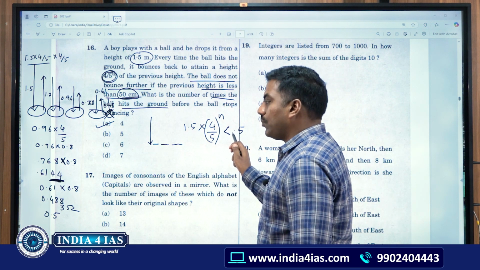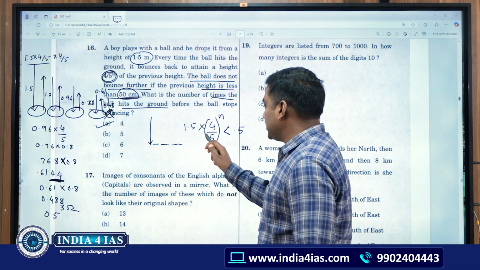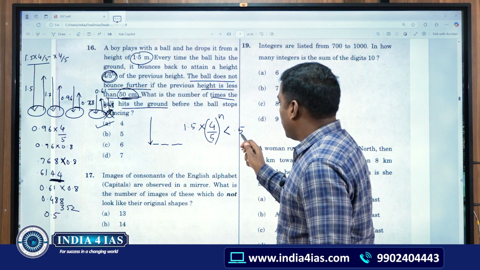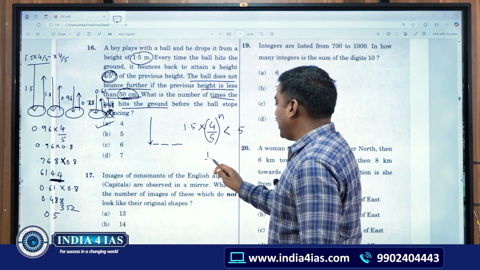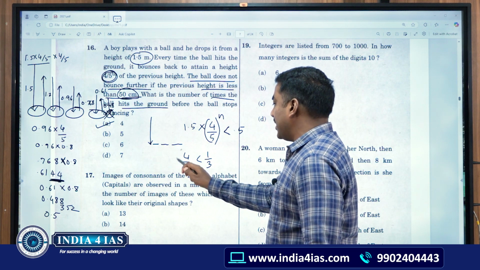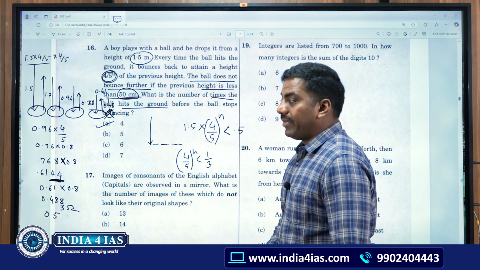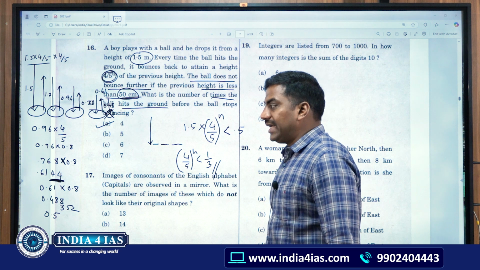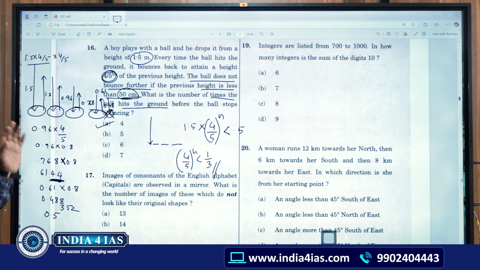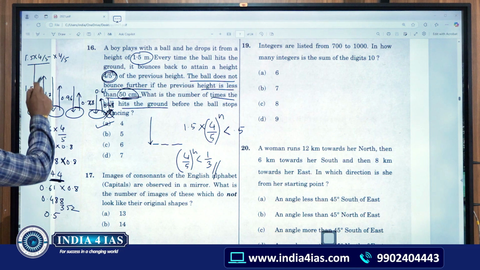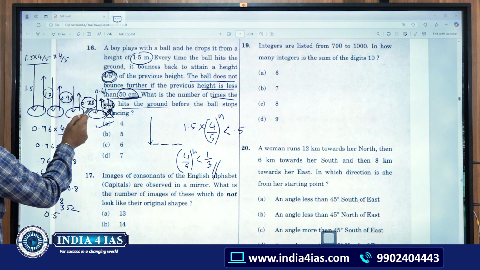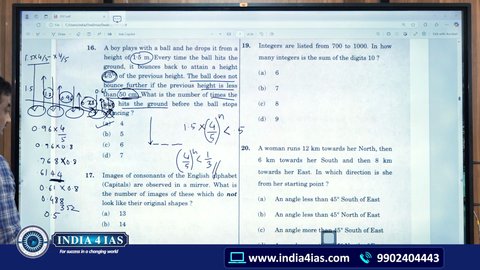So 4 by 5 to the power of n should be less than 1 by 3. If you go mathematically and technically here, it is very difficult. That is why you have to go for the practical way. 1.5, then 1.2, then 0.96, then 0.768, so 4 times. So it will bounce 4 times.